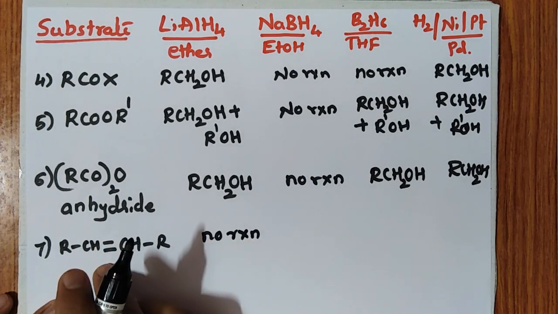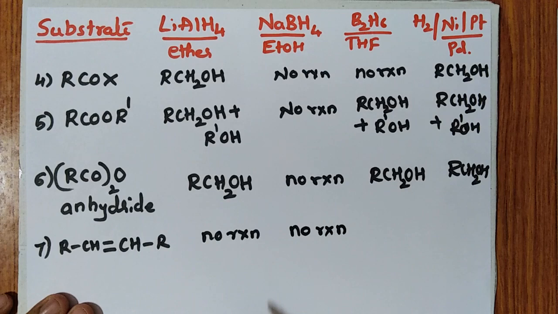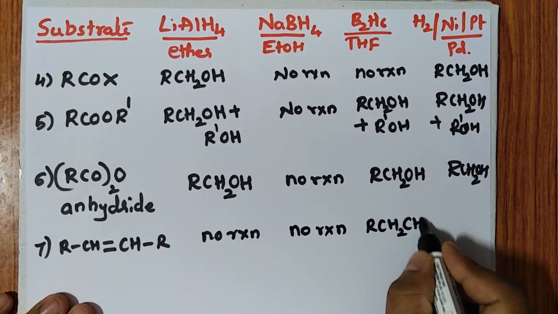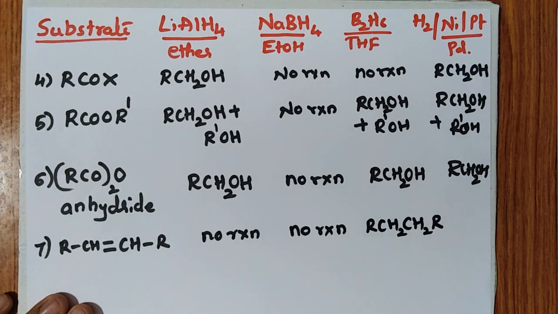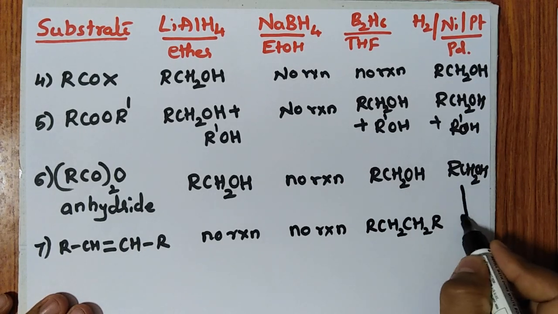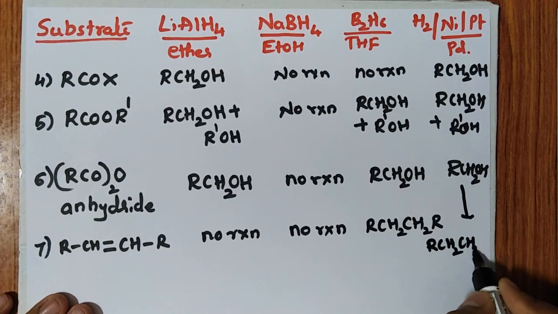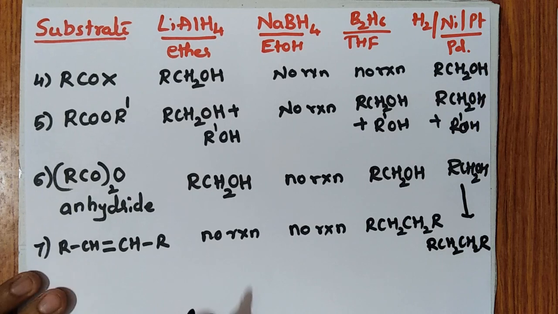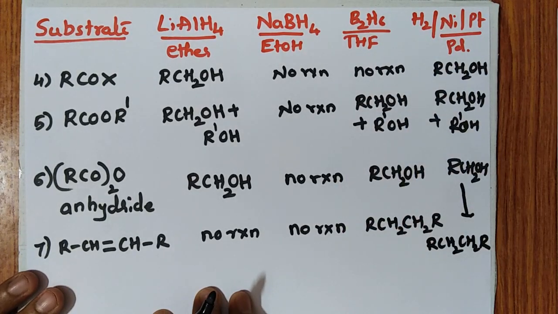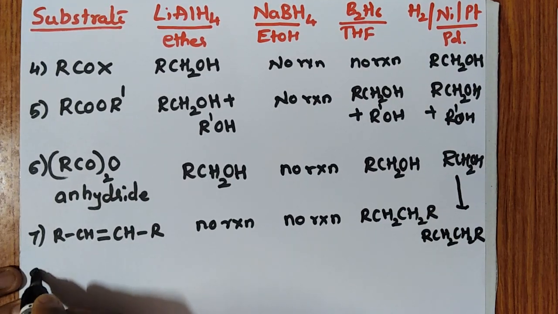So no reaction with the double bond, and here also there is no reaction, and here you are going to get RCH2CH2R. That is the alkane you are going to form, and here also I will write the same thing, RCH2CH2R you are going to get. In both cases, the same product you are going to obtain. So that is the seventh one. Then we will see the eighth one.